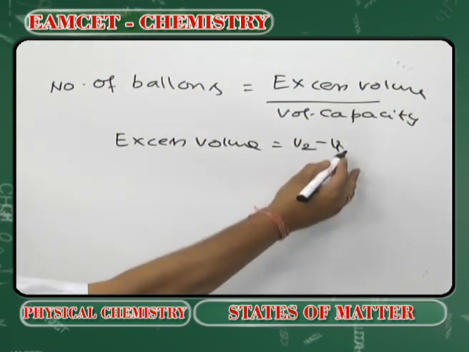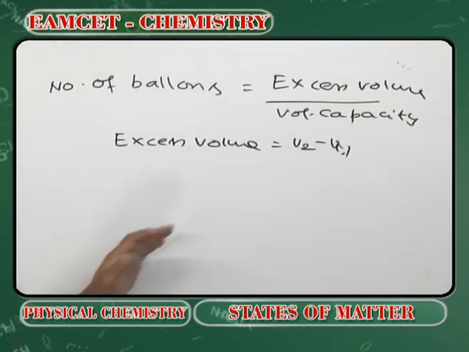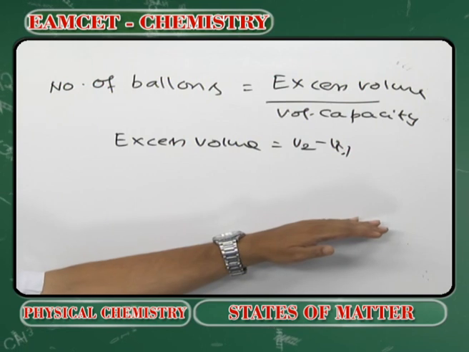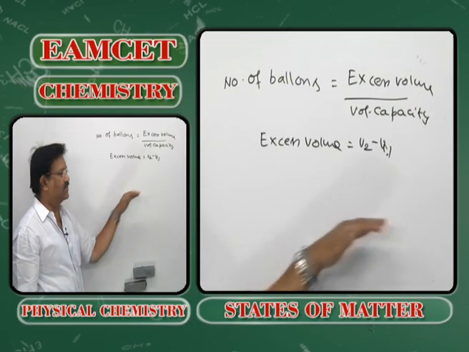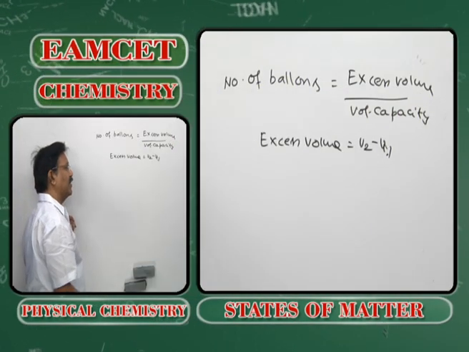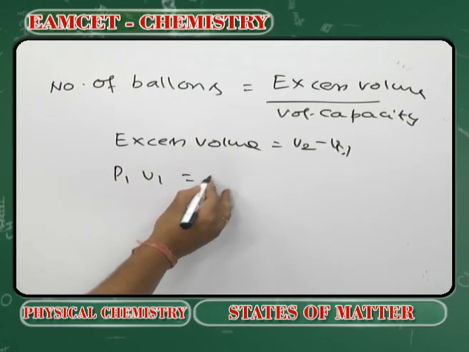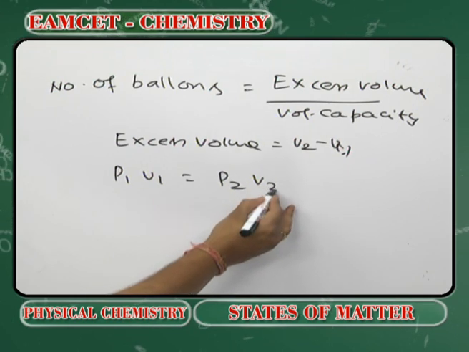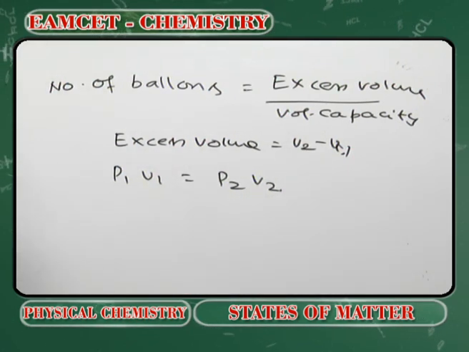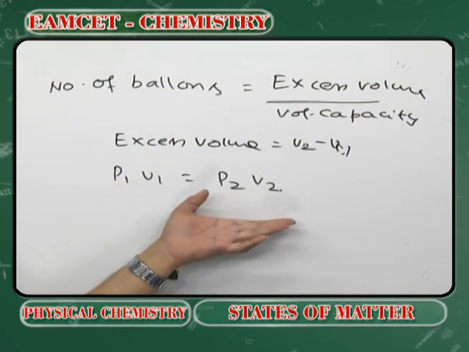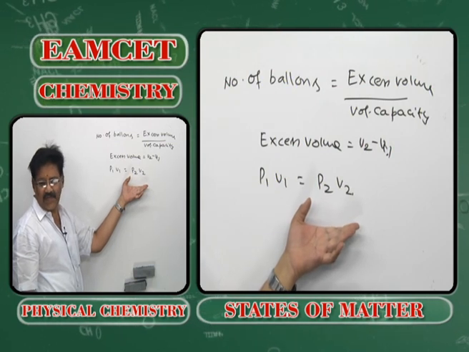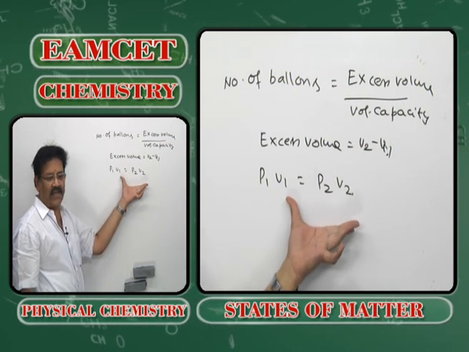Now let us first calculate the excess volume at the same temperature, applying Boyle's law. P1 V1 is equal to P2 V2. Maintaining the same temperature T Kelvin, we are calculating the excess volume.